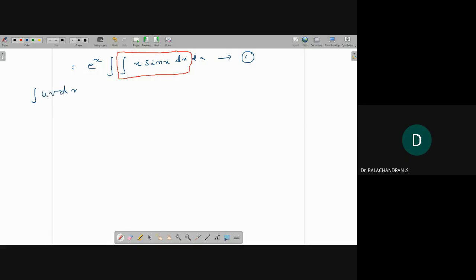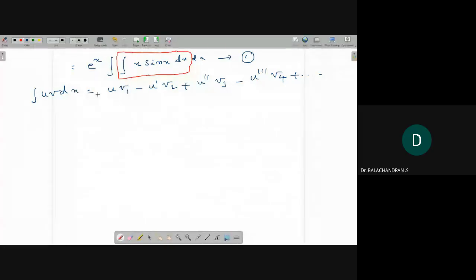The integral of uv dx is u v1 minus u dash v2 plus u double dash v3 minus u triple dash v4 and so on. You know that u dash, u double dash are derivatives, and v1, v2 are integrals.